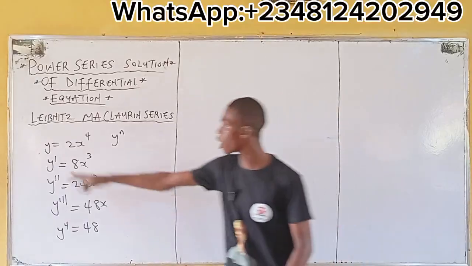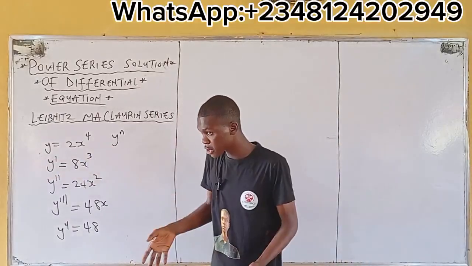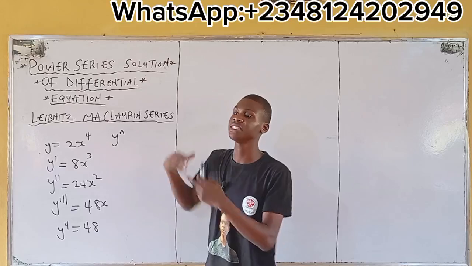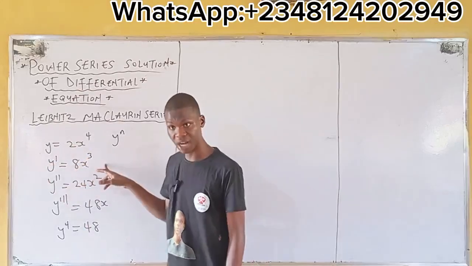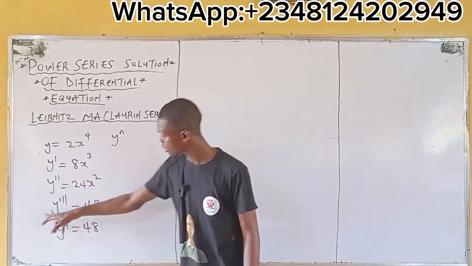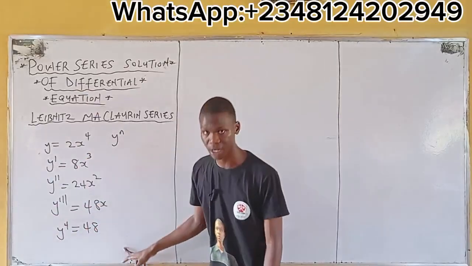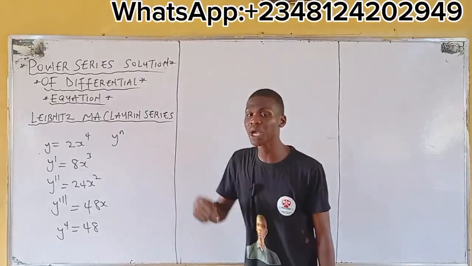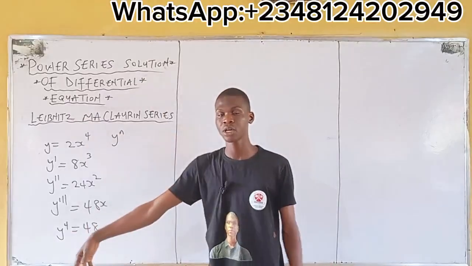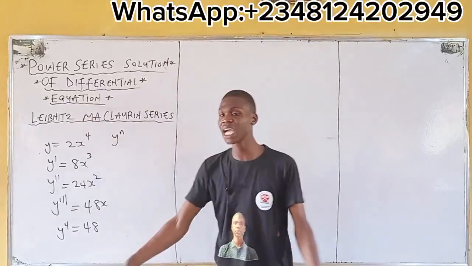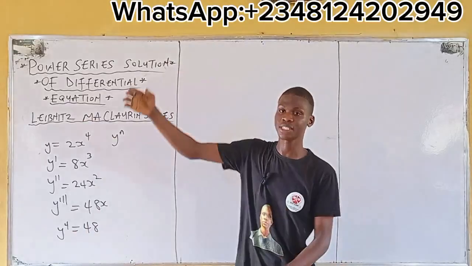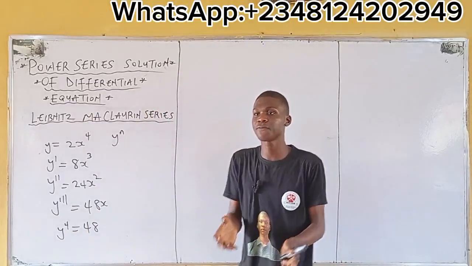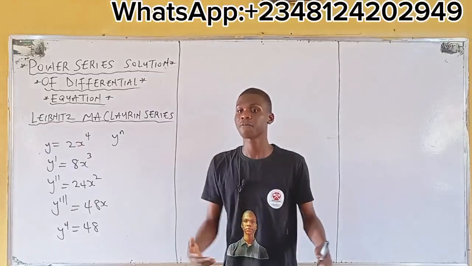If y is equals to this, in differentiation, of course, I can perform the higher derivatives: this is the first derivative, the second, the third, and the fourth. But in this case, we are doing nth derivative. By nth derivative, those higher derivatives, I want to express as a function of n.